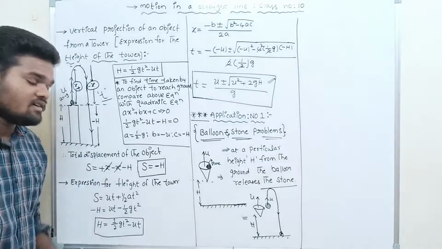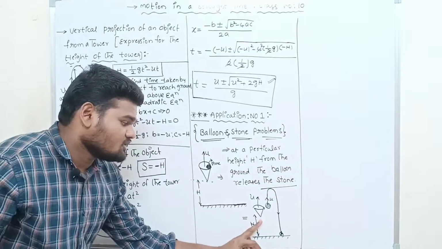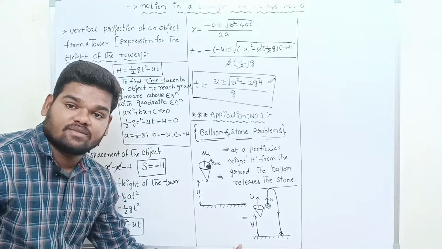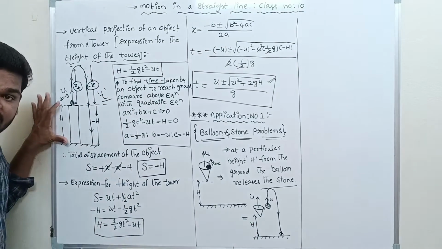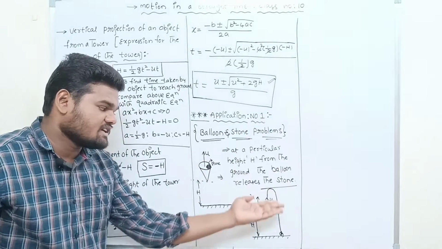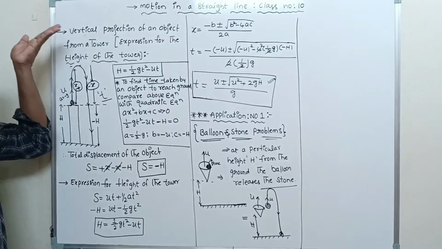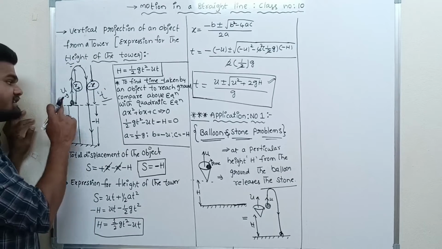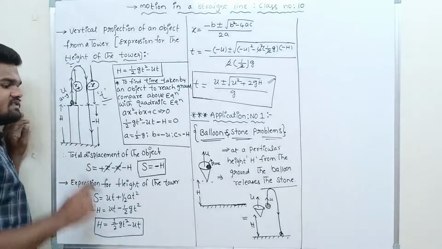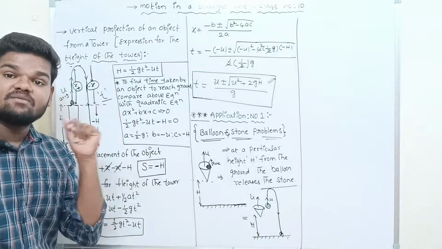Okay, have a look. Just compare these two situations. What is the height of the balloon? H from the ground. What is the height of the tower? H. From this height h, the object is projected vertically upward. Have a look. Like this. Now these two are the same situations.